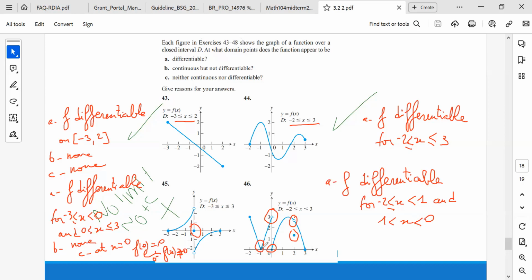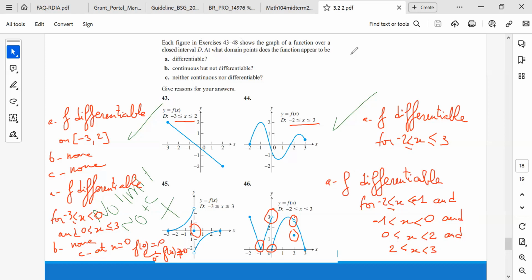At 0 also we have a problem. At -1 هنا, sorry. So we have a problem at -1, a problem at 0, and a problem at 2. And x between 0 and 2, and finally for x between 2 and 3.